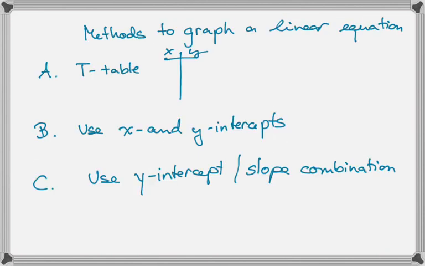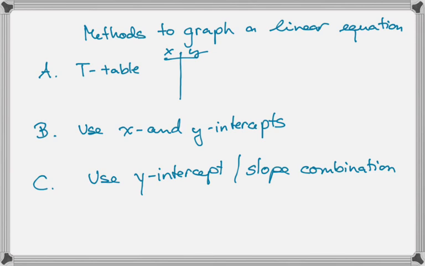Okay. Now we're going to graph these beautiful straight lines. And the method to graph a linear equation is through a t-table, where we have x, y values, and we have to fill in whatever's missing.